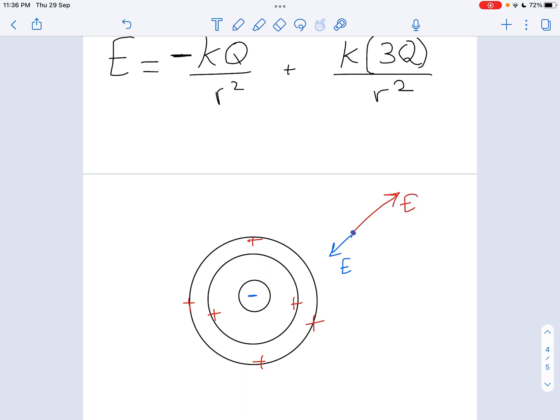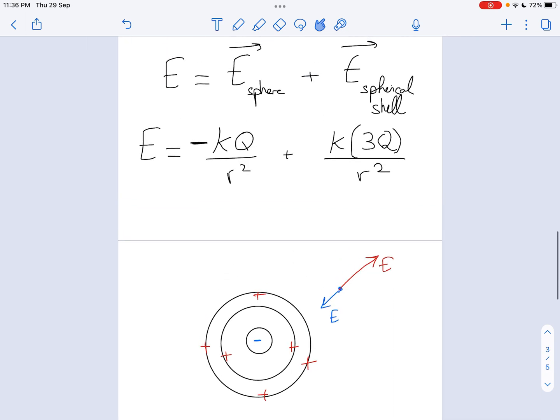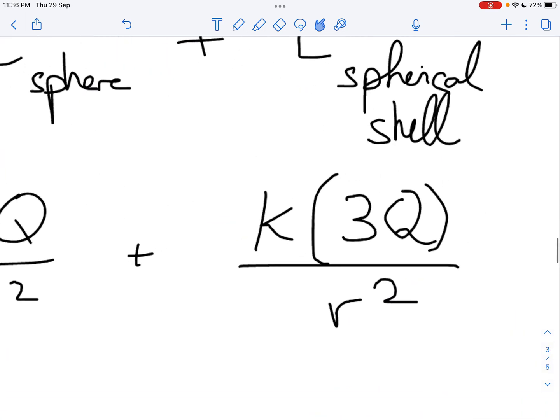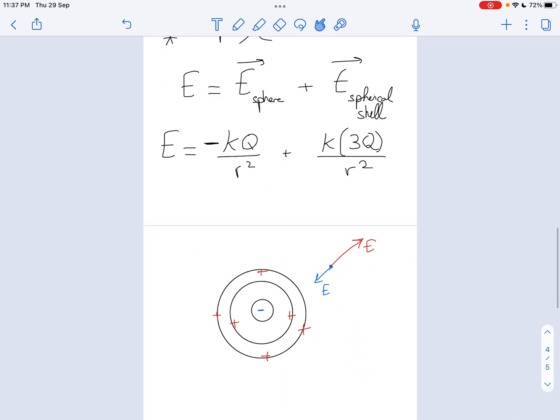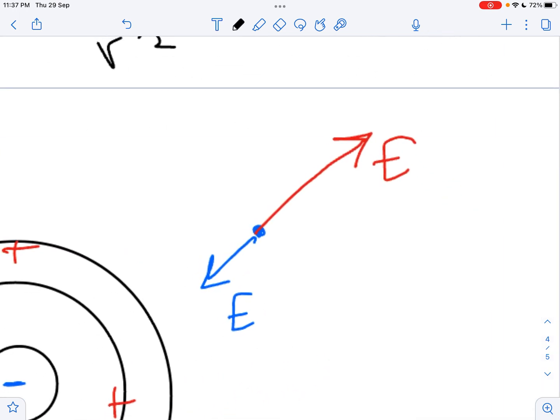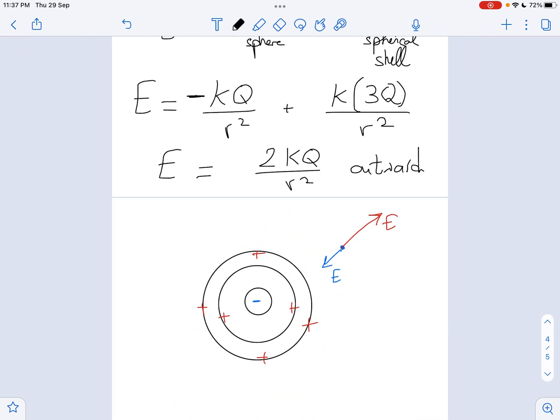You can notice that the red electric field is bigger than the blue electric field, because the charge is bigger: 3Q here, while here it's Q. So the net electric field is going to be outwards. Finally, the net electric field will be 2kQ over r squared, and it is outward. Again, why outwards? Because the red E is bigger than the blue E, so it follows the direction of the red electric field.